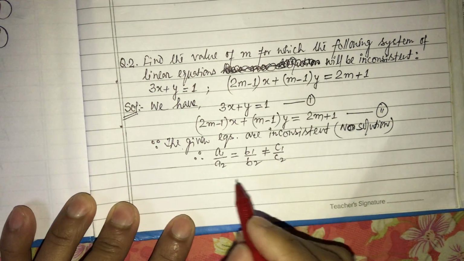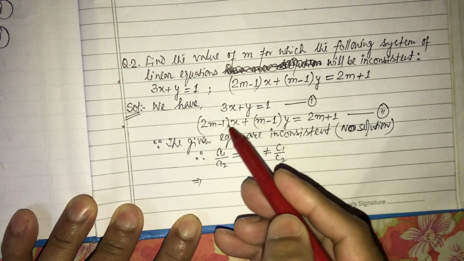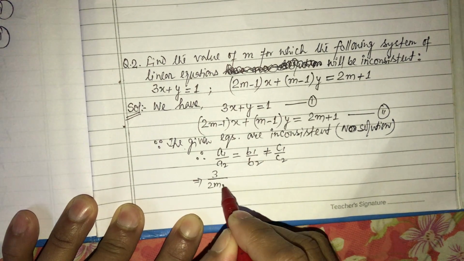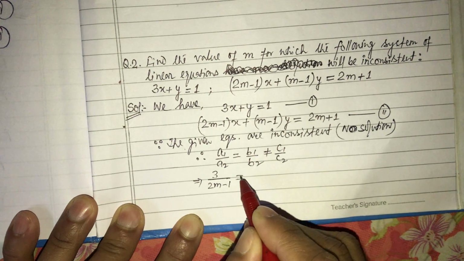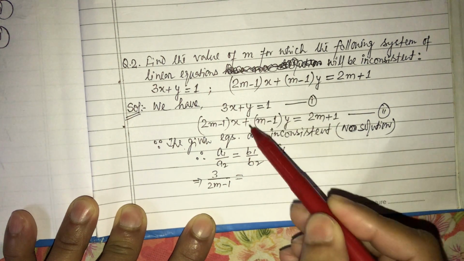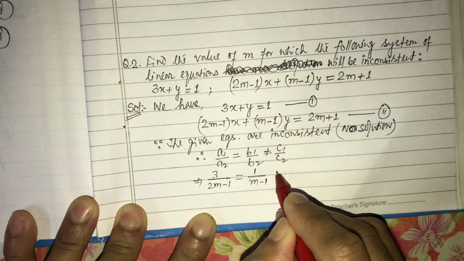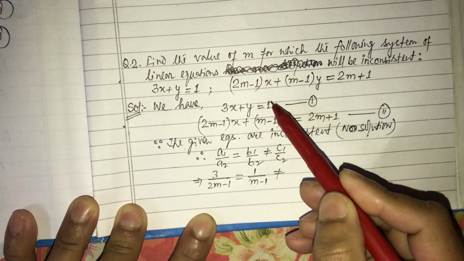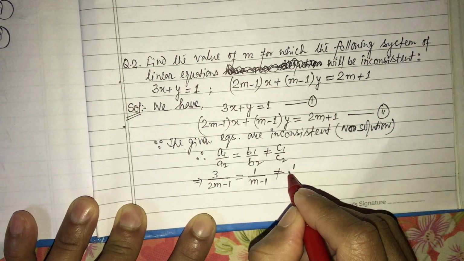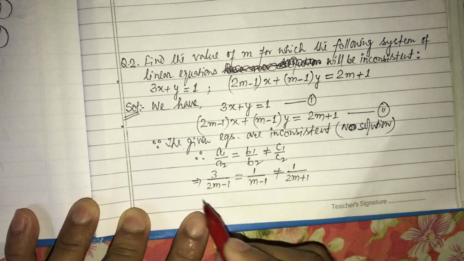Now let's substitute the values. a1 is 3 and this is a2, so 3 divided by 2m minus 1 is equal to, second, b1 is 1 and this is b2, m minus 1, so 1 divided by m minus 1, and third one not equal to c1 by c2, c1 is 1 and c2 is 2m plus 1, so 1 divided by 2m plus 1. So we substituted the values.